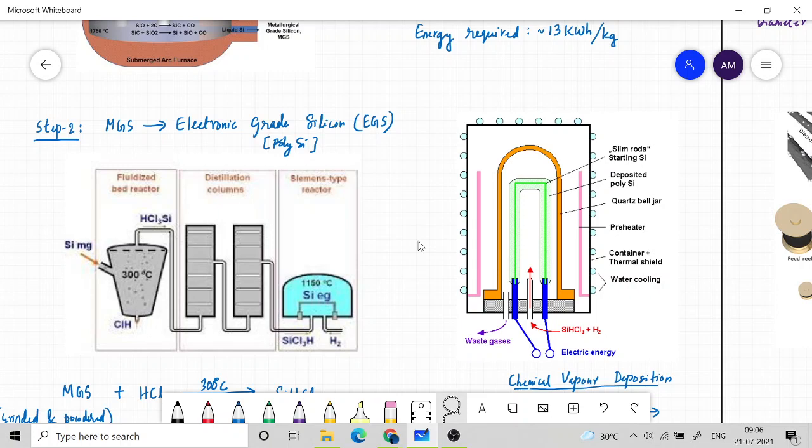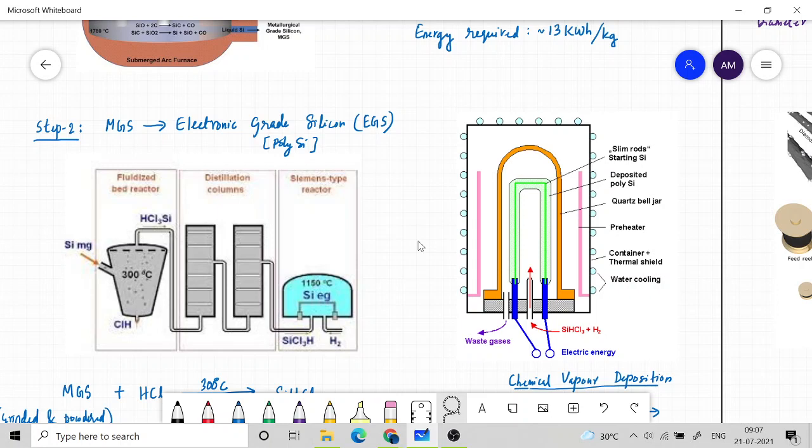That is what polysilicon material is, which is also very much used in our chip making, because as we studied, the gate material is mostly polysilicon, and polysilicon has higher conductivity compared to pure crystalline silicon.